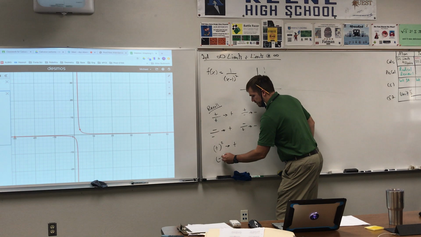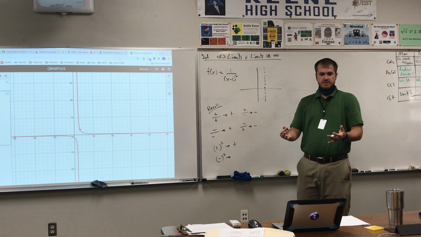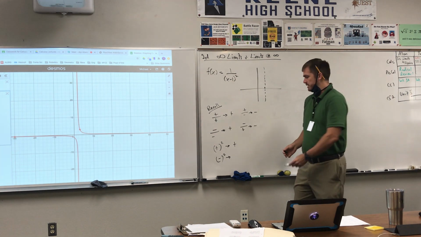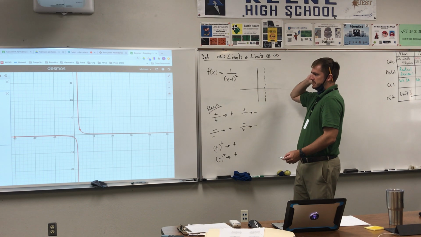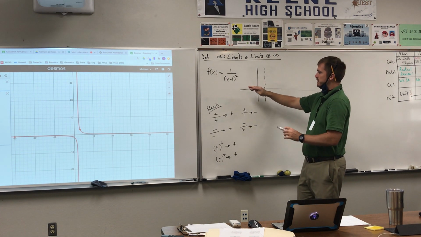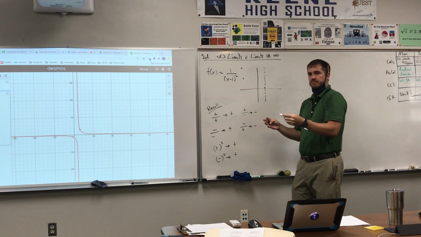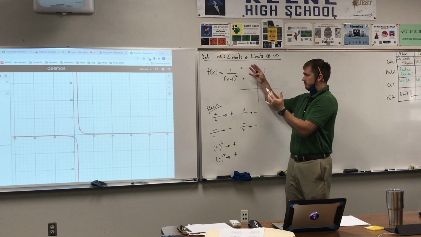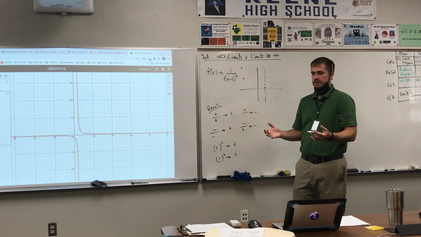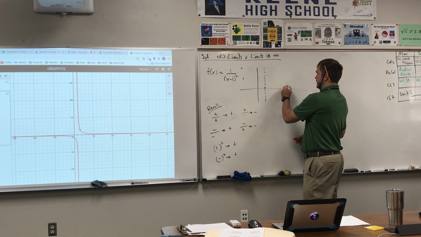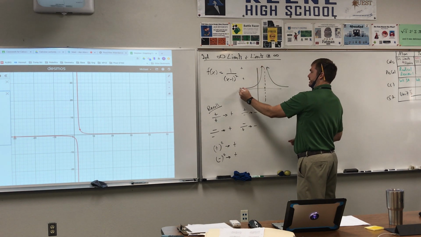If you have a negative number and it's squared, it's a negative times a negative, which is also going to be a positive. So I can tell, without even going to Desmos, that this is always a positive number divided by a positive number, therefore my y values are always going to be positive. Does that make sense? And in fact, that's true. This graph looks like that.